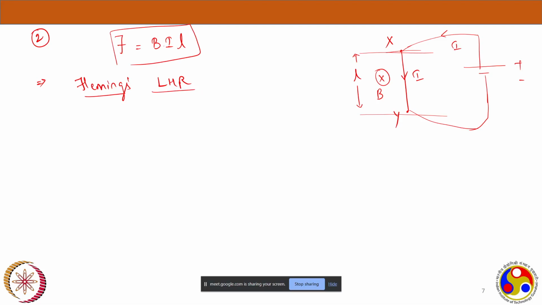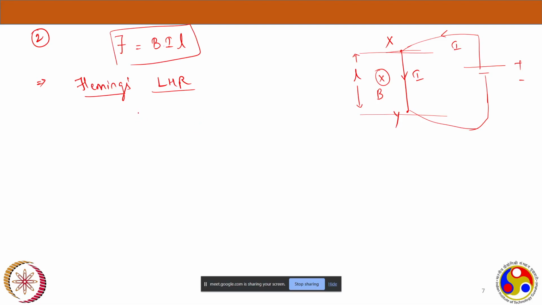This is the forefinger, this is the middle finger, and this is the thumb. In both left hand rule and right hand rule, the forefinger always denotes the direction of magnetic field. My middle finger will denote the direction of current flowing through the conductor, and my thumb will give the direction of the force.